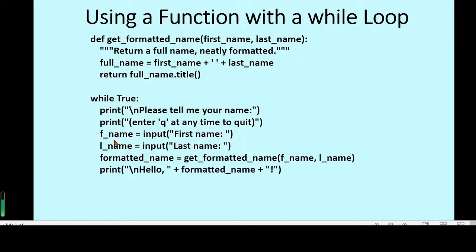Next, create 2 variables called fName, to get the first name, and lName, to get the last name the user inputs. Then format the name: calling this getFormatTheName function and storing the returned full name in formatted name, then print a message including this formatted name.